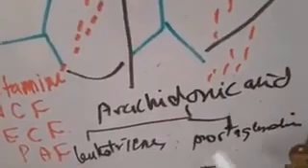The second signal is that from the wall. The wall contains arachidonic acid, and through two pathways, this arachidonic acid will give rise to leukotrienes and prostaglandin. Leukotrienes and prostaglandin both cause bronchospasm.